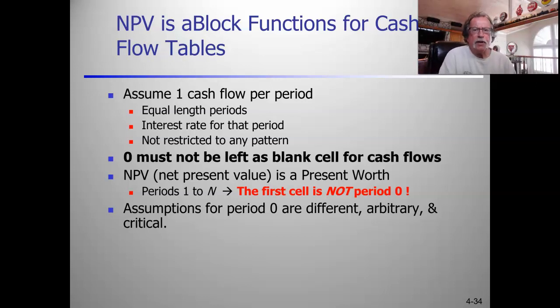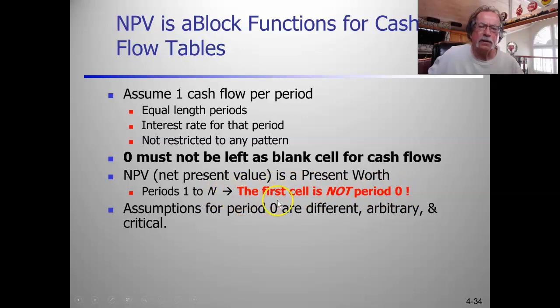If you start playing around with various functions, you're going to find something called the NPV function. I'm going to use it later on, but I want to caution you that this is probably the one function that students use incorrectly the most. The NPV function is for periods 1 to n. So the first cell is not period 0.